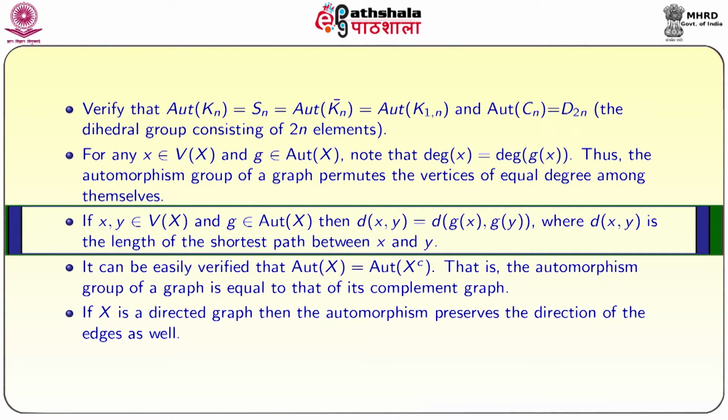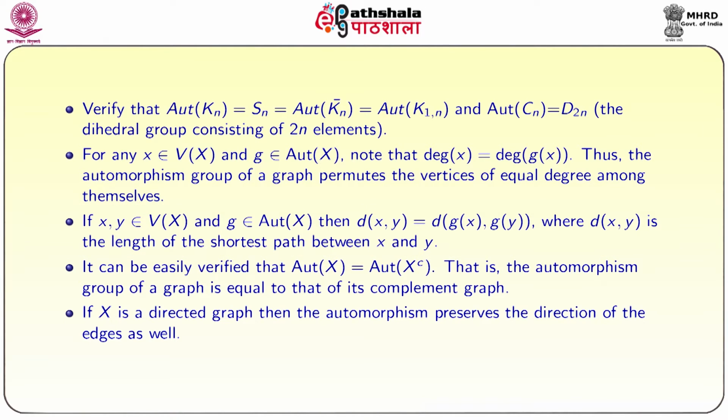If x, y are any two vertices of a graph x and G is any automorphism, then it is easy to verify that the distance between x and y is equal to the distance between G of x and G of y. That means once you permute the vertices, we will get a different graph. So, the distance of x y in the original graph x is equal to the distance of G x, G y in the new graph.